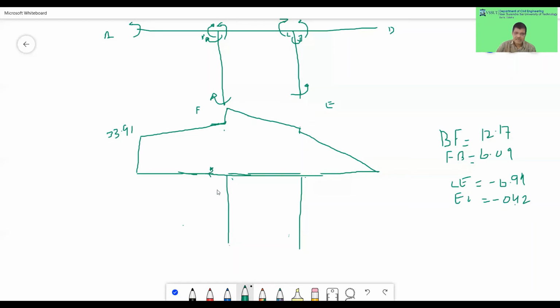This is B. This is here. Unless you write the nomenclatures, it becomes confusing. So it is C and E, right? Now in the C we have seen minus 0.94 for anti-clockwise or negative, and it will come like this way. The BF is clockwise, positive, and here clockwise will be negative.